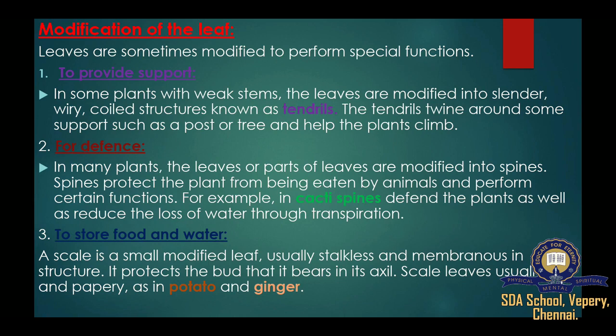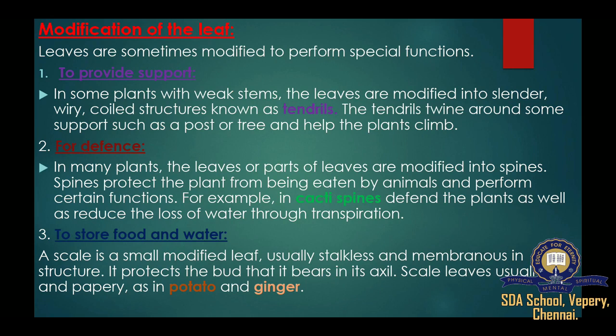Modifications of leaf. In many plants, leaves get modified to perform some special functions other than normal ones, such as photosynthesis and transpiration. Sometimes these modifications are in response to certain environmental conditions. Some of the important modifications are given.